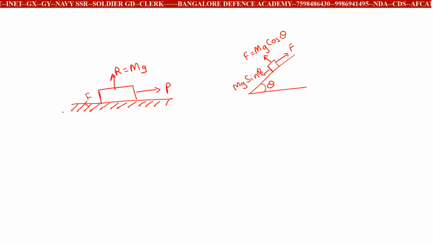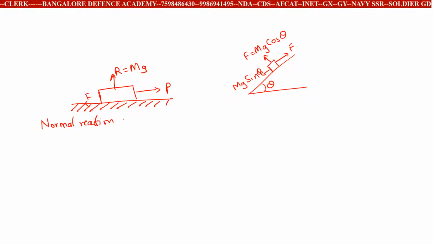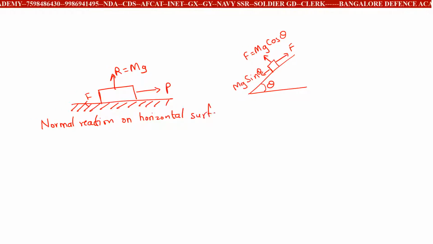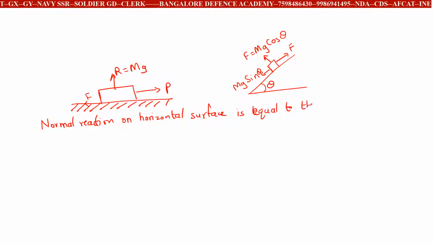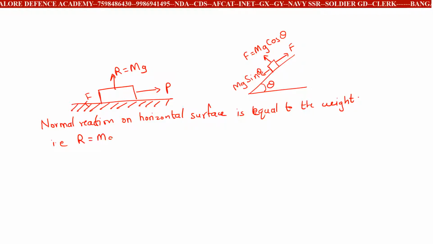Normal reaction on the horizontal surface is equal to the weight, that is R is equal to mg.